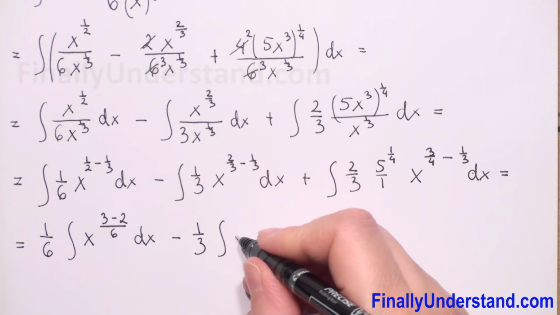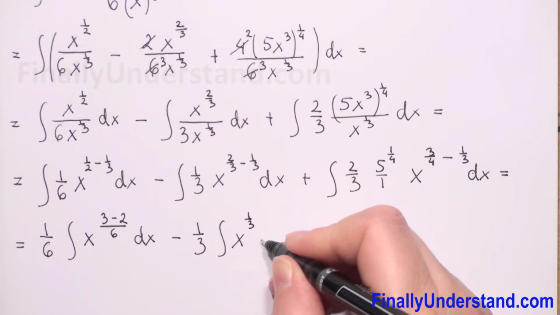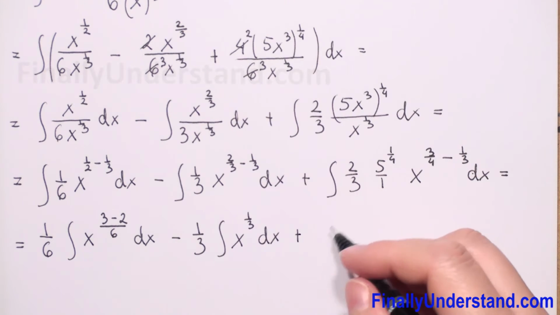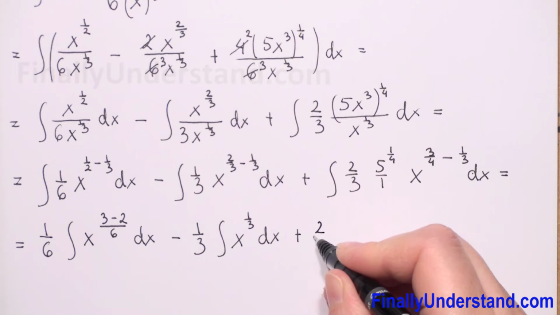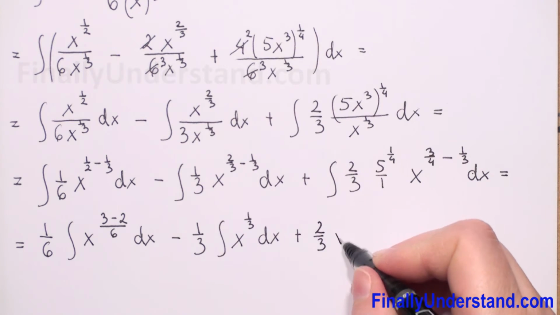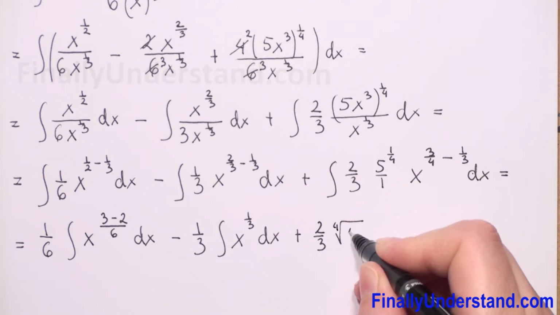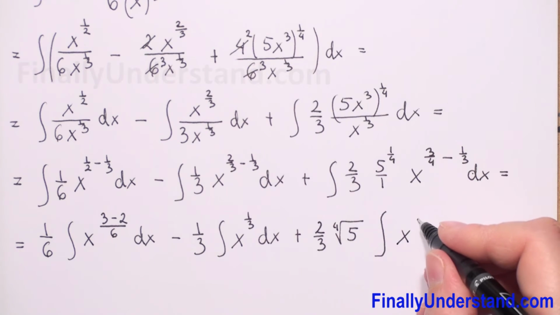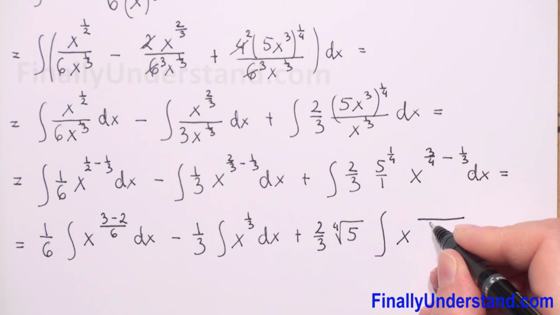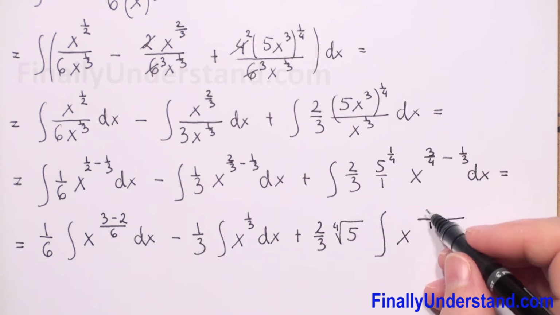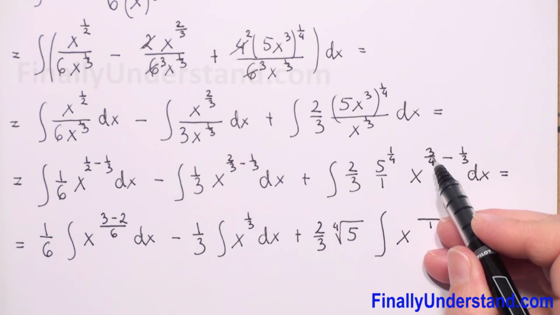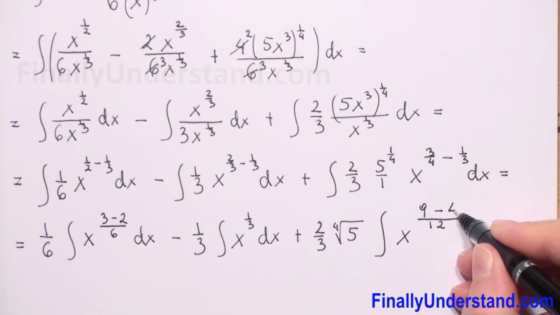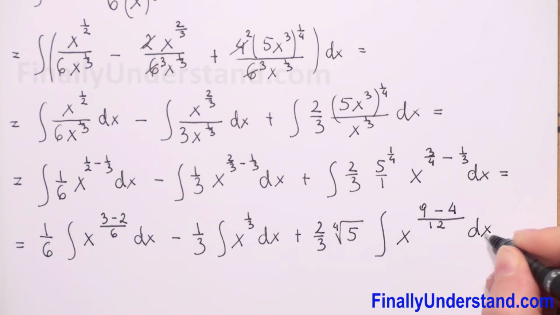So we have the integral of x to the power 1/3 with respect to x plus, and we can take the constant before the integral, so it will be 2/3, and we have the fourth root of 5, and the integral of x to the power, we have to have the same denominator. 4 and 3 we have, so the denominator will be 12, and we have 3 in the numerator times 3, so it will be 9 minus 1 times 4 is 4, with respect to x.